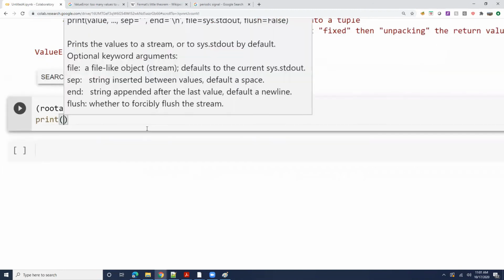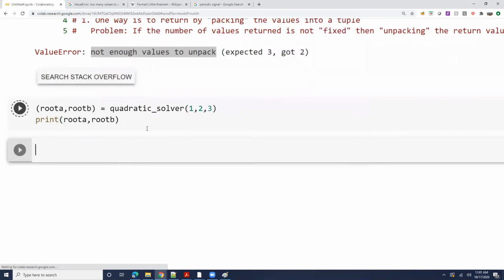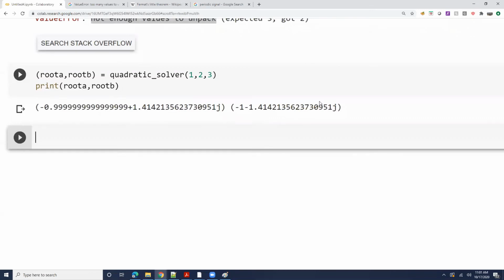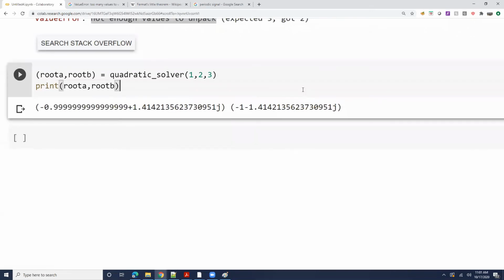So it didn't give an error. I can print root A, root B. It gave me some imaginary numbers: -1 plus square root 2j, -1 minus square root 2j.